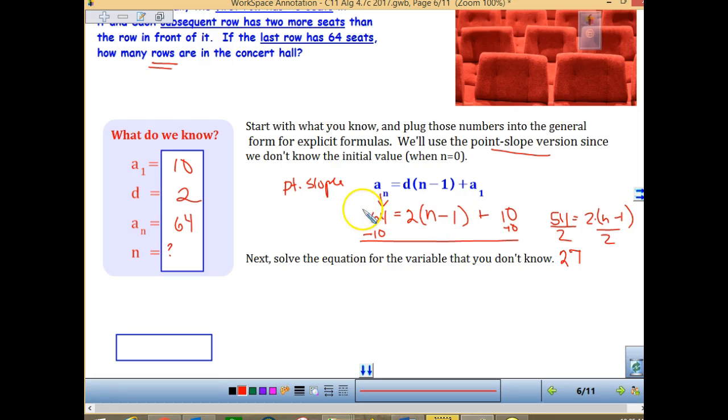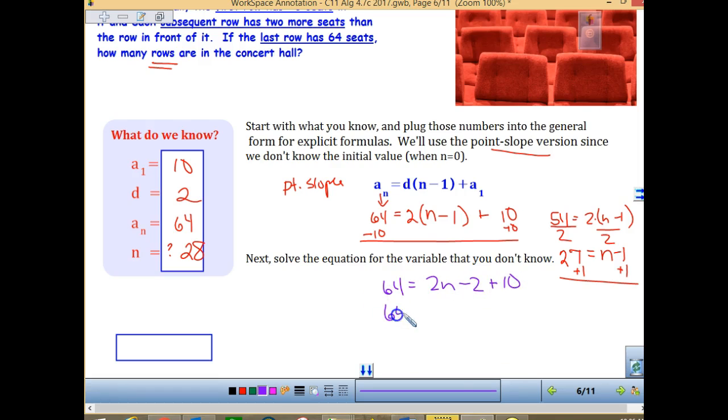So we're going to leave this as 27 equals n minus 1, right? And we are going to add 1. And we get 28.